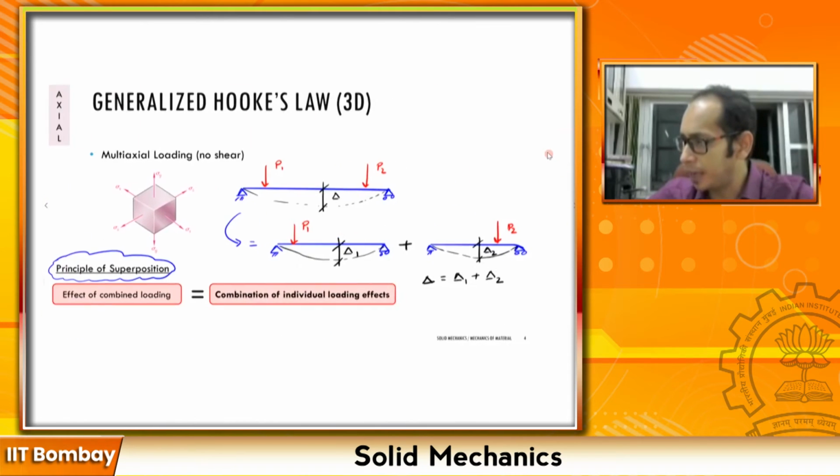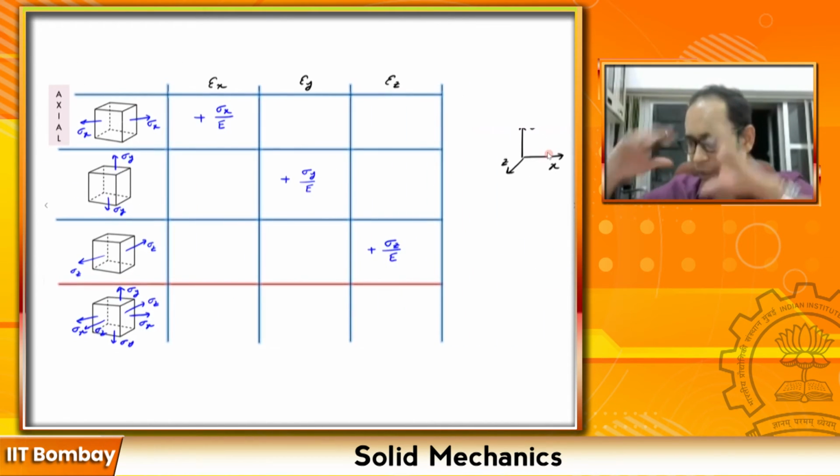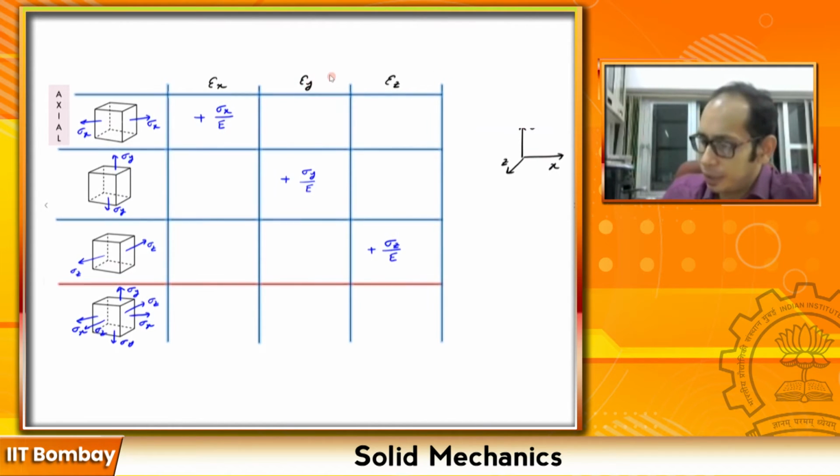So let me go back and fill up that cube or that matrix which I was trying to fill. My epsilon y over here is going to be negative of nu epsilon x, where epsilon x I have already written as sigma x divided by E. So I can simplify this even further.